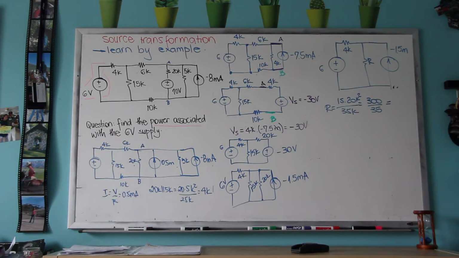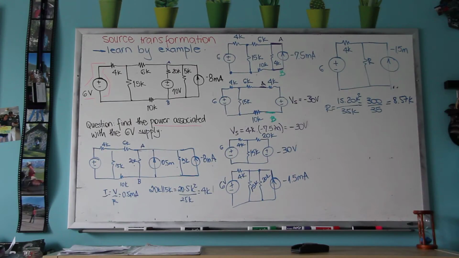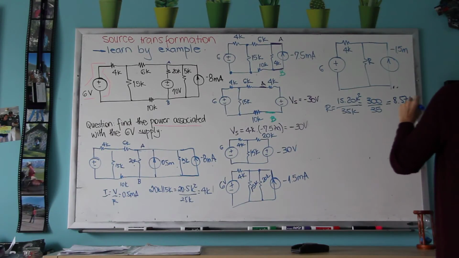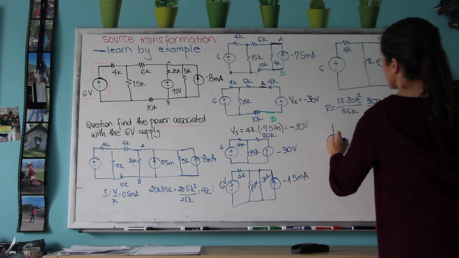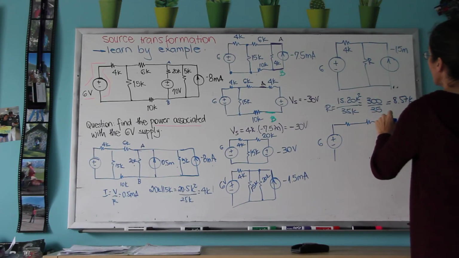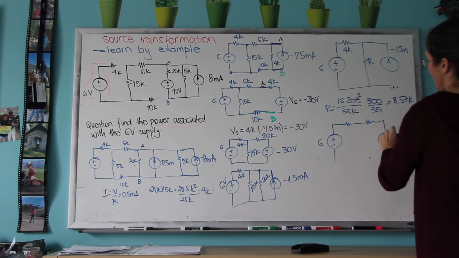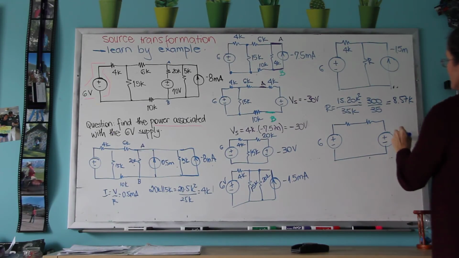So I'm going to do this in my calculator. 300 divided by 35 is 8.57 K. And now finally I'm going to draw my simplest possible circuit, which is 6, 4, and a voltage here.